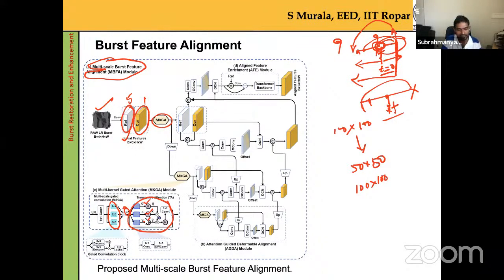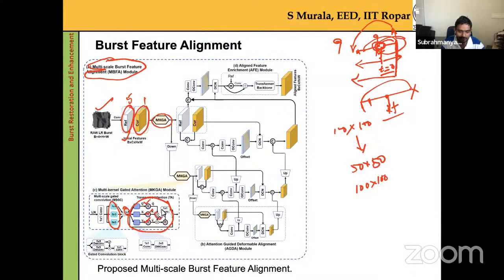But query and key generate the attention mechanism. The key says what type of task you need to make, and the query performs that required task. Based on that, I get the attention.